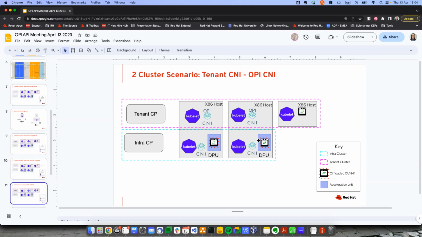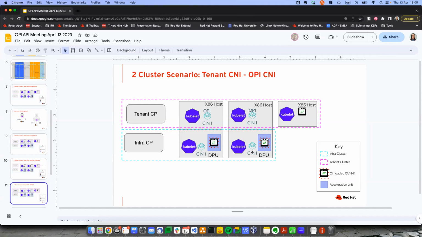So I'm not sure about talking about a plugin model when we talk about offloading the tenant networking to the DPU, because it's not actually going to look like a CNI down here. I presumed that whatever networking functionality was originally happening here, and we're able to describe it at a relatively high level, we'll be able to describe it to the OPI APIs via CRDs or whatever. That gets programmed onto our accelerator to reflect the same level of functionality that was previously provided by the tenant networking infrastructure, right?